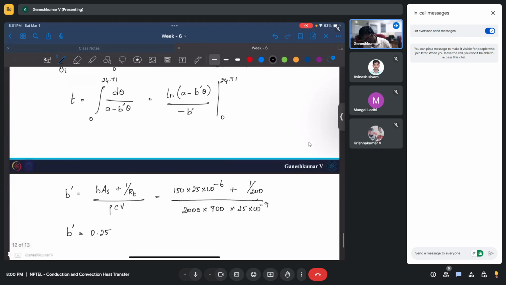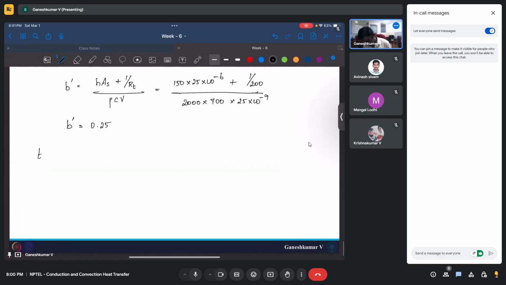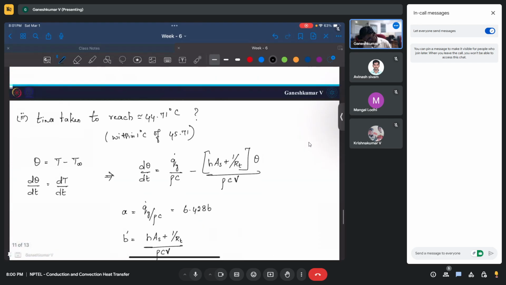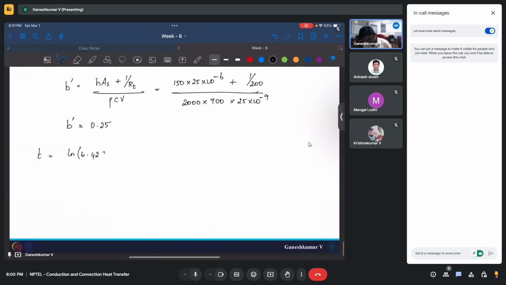Alright, now let's substitute it. Natural log of 6.4286 minus 0.25 times theta, divided by minus 0.25, and we are integrating from 0 to 24.71.